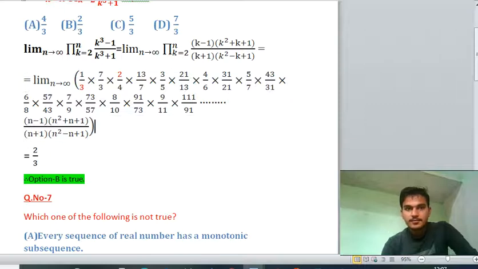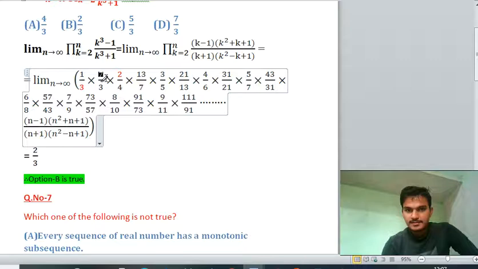When you move two steps, this is one step, two steps, after moving two steps you get 7 as the denominator. So this is 7 numerator and 7 denominator.